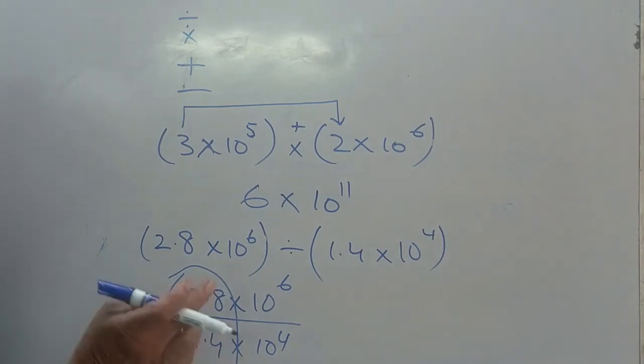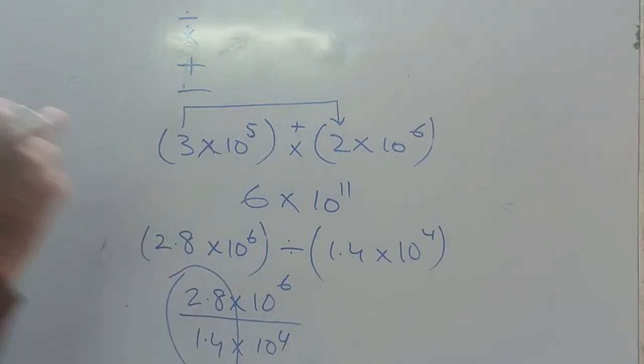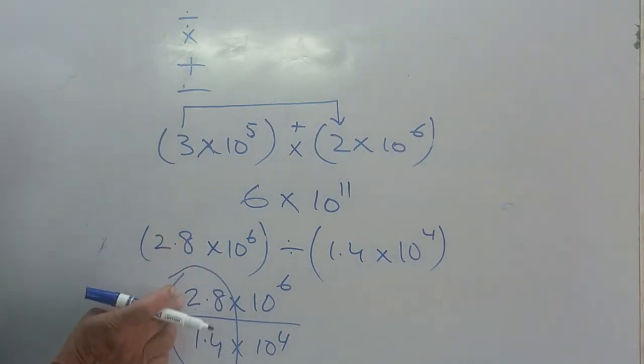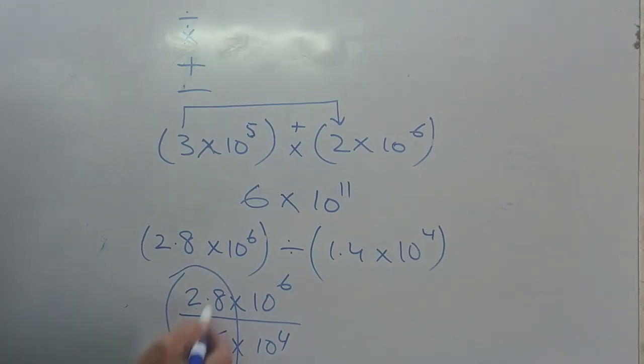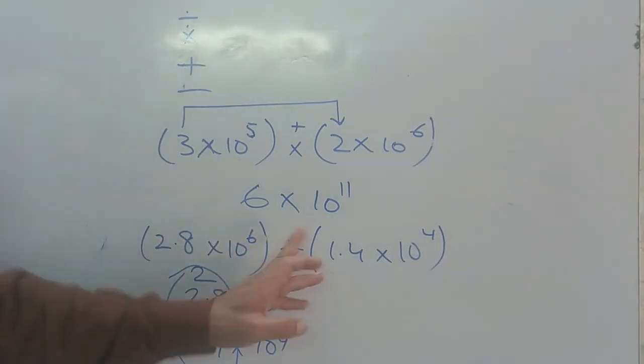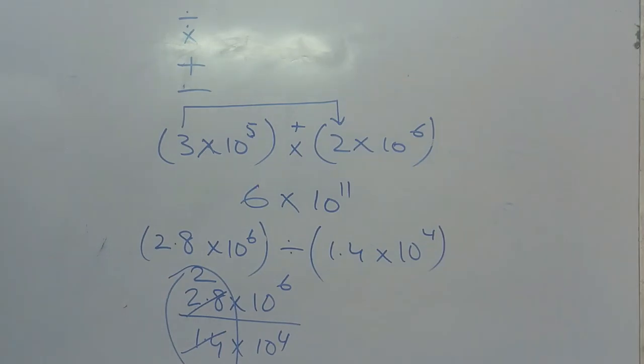Now you see that 14 times 2 is 28, and 1.4 is also 2 times 2.8. So just simplify it with 2. The answer for 2.8 divided by 1.4 is 2.